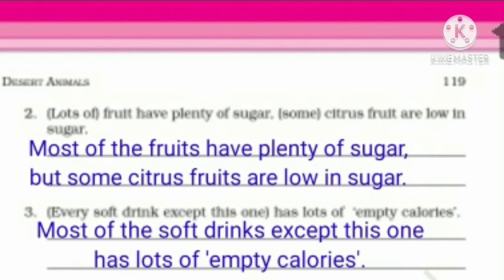Third, every soft drink except this one has lots of empty calories. So your answer is most of the soft drinks except this one has lots of empty calories. Empty calories means which is not beneficial to us. So we say that they are empty calories.